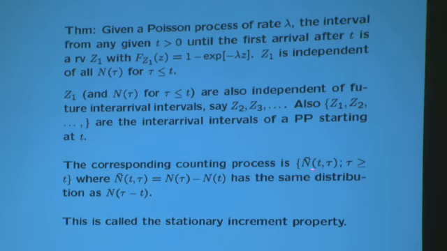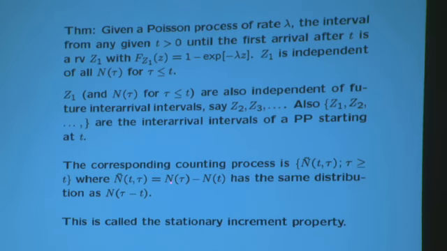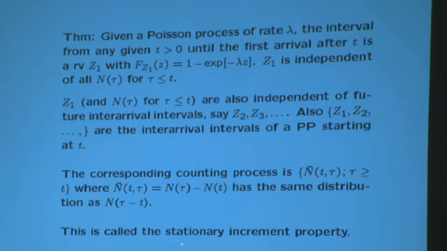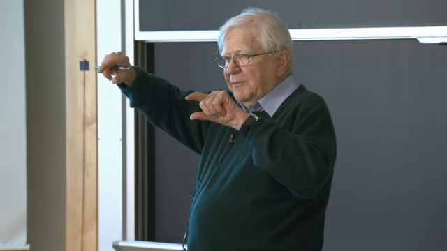Corresponding counting process, we can call it n tilde of t and tau, where tau is greater than or equal to t, where this is the number of arrivals in the original process up until time tau minus the number of arrivals up until time t.